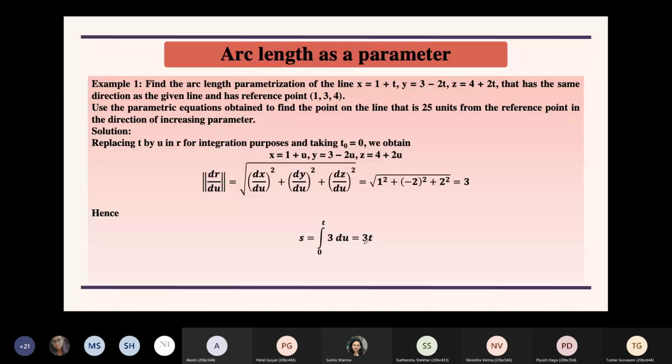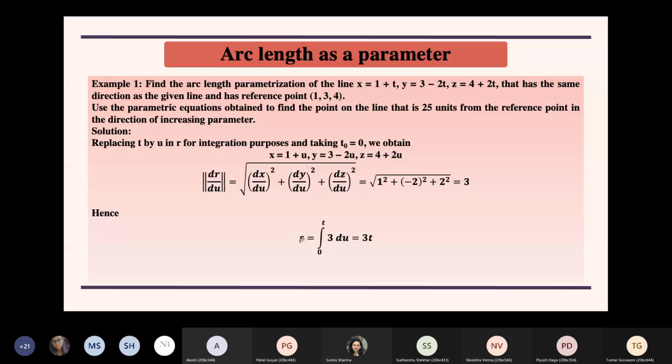Now if I have to replace t with s throughout, how would it change? What would x become? 1 plus s by 3. Instead of t, I want my parameter to be s. The relation is s is equal to 3t, so my t will be s by 3.